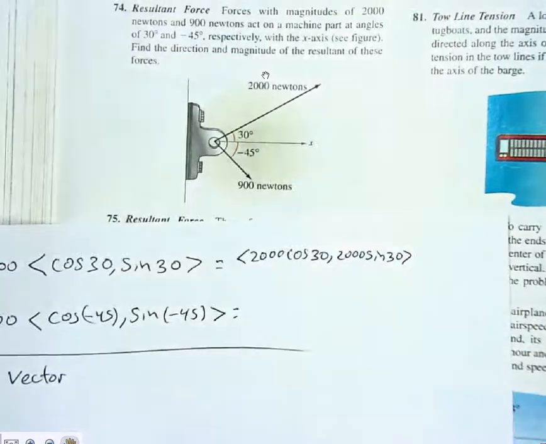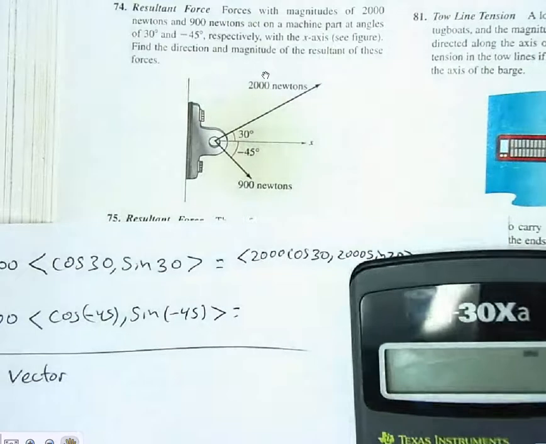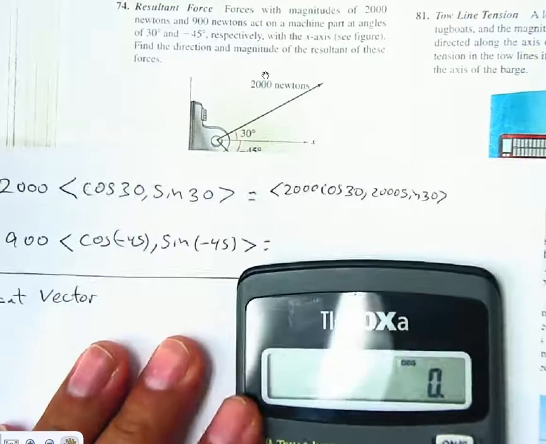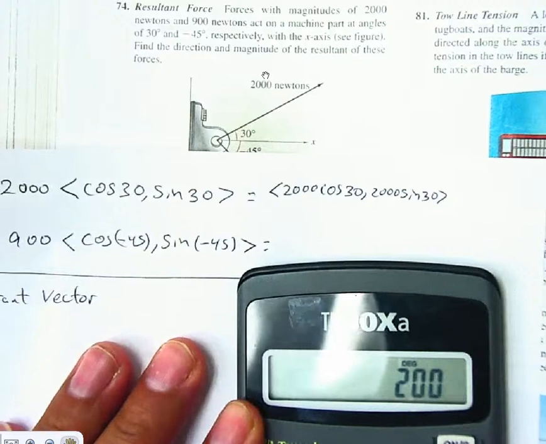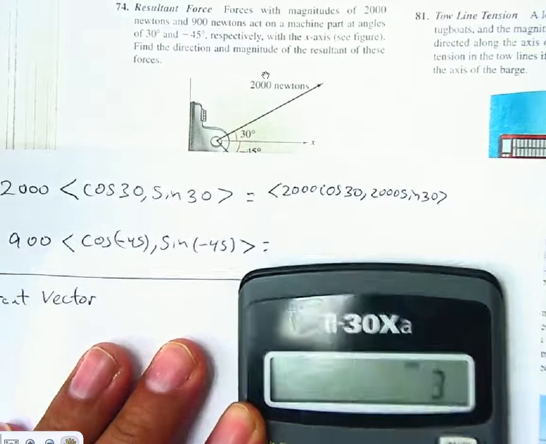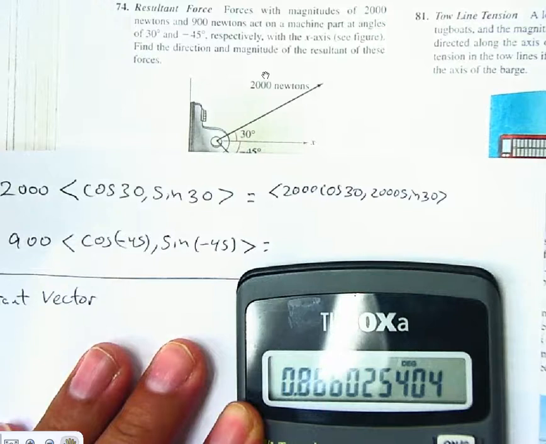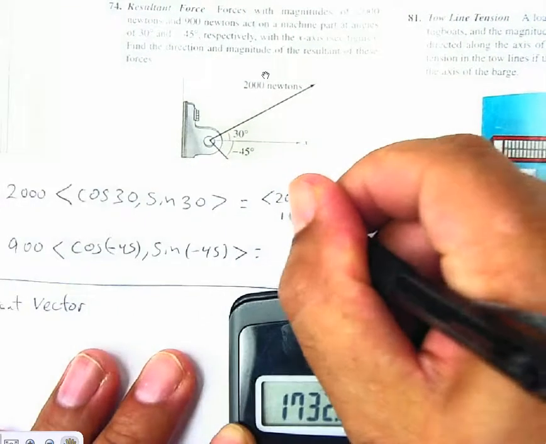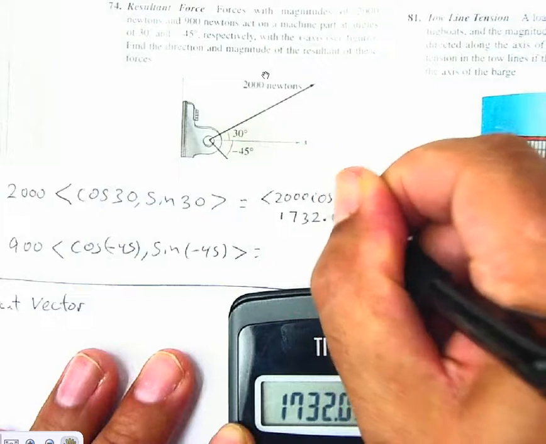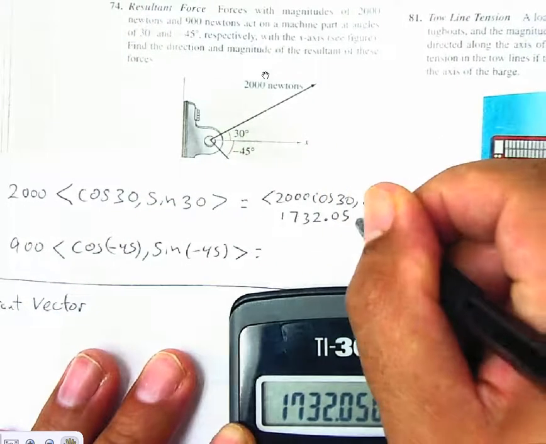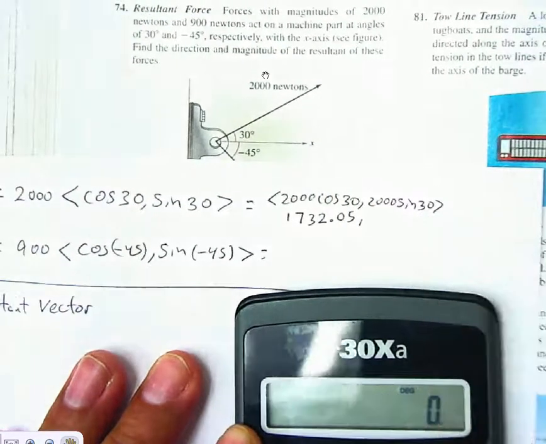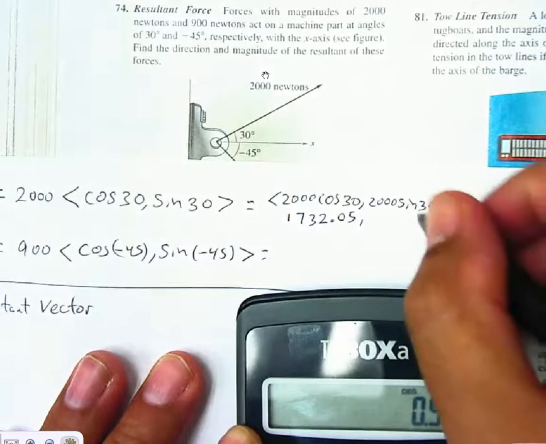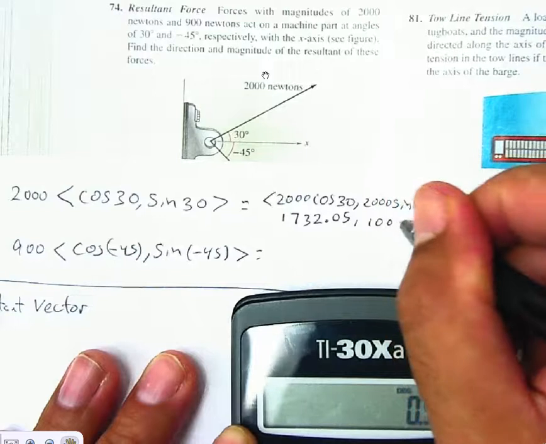If I get the calculator, I get 30 cosine times 2,000, 1732.05, and let's do the sine of 30. 0.5 times 2,000, well, that's just 1,000.